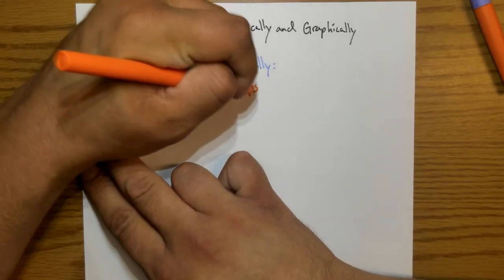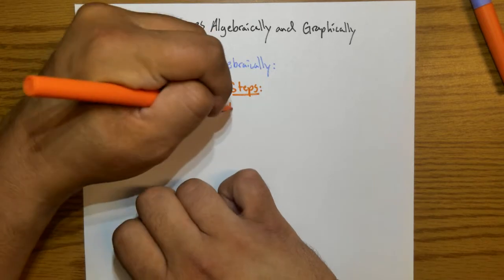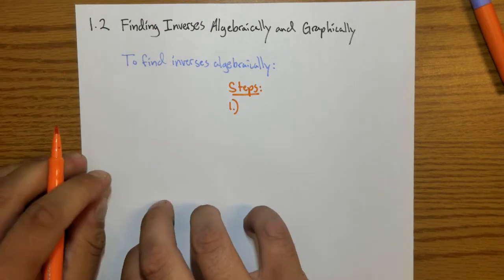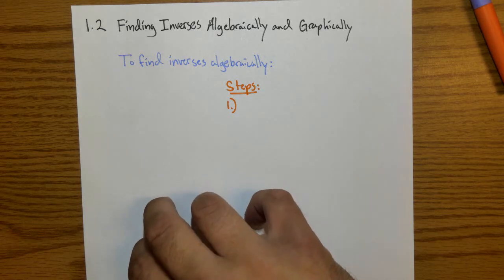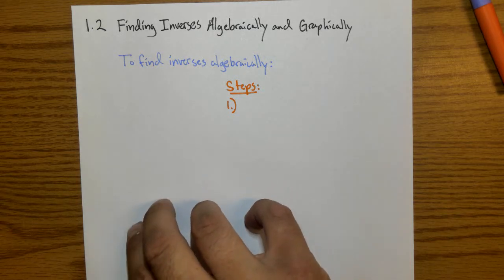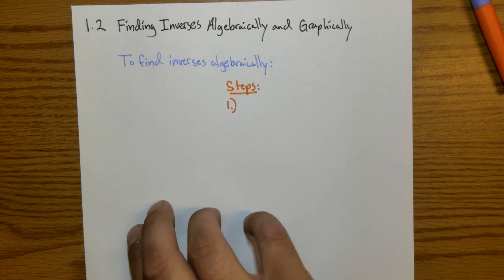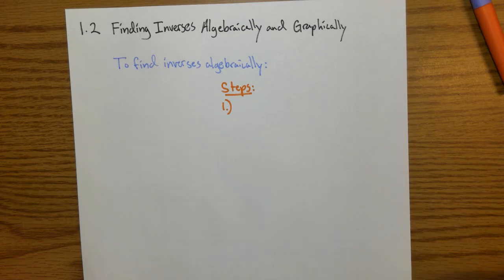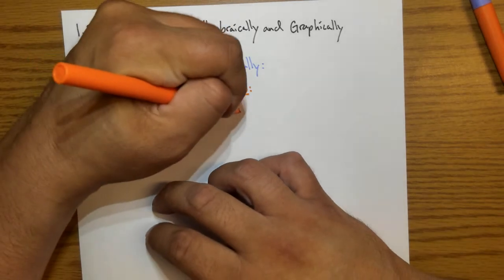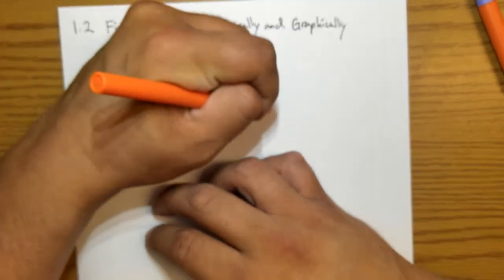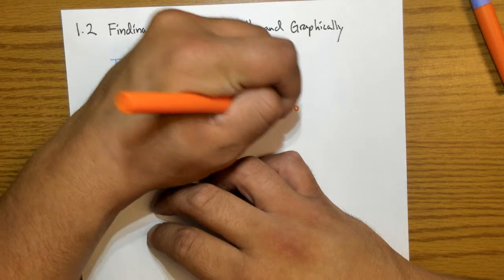Steps. The first step that we want to do is, if we presented it in f of x form, function notation, just turn the f of x into y. The only reason that we want to do that is that it will make our algebra a lot easier and cleaner looking. So turn f of x into y.